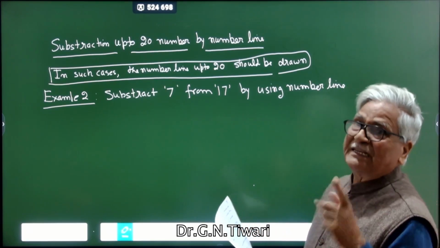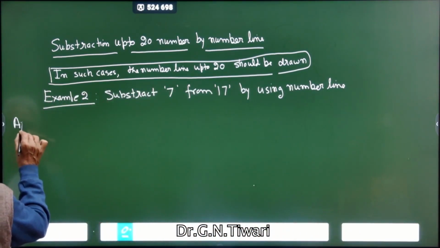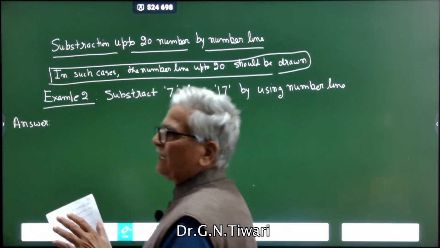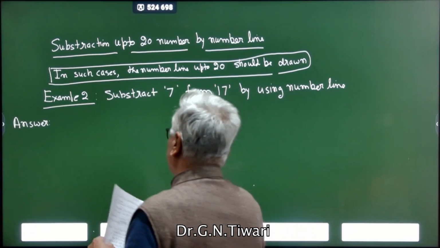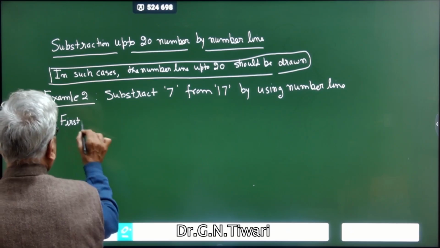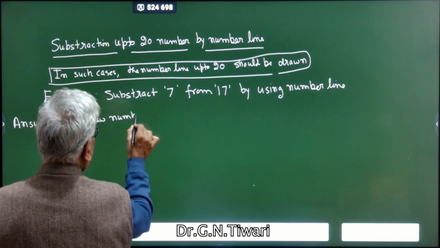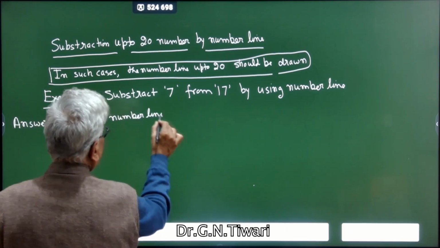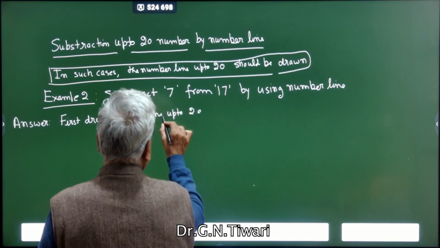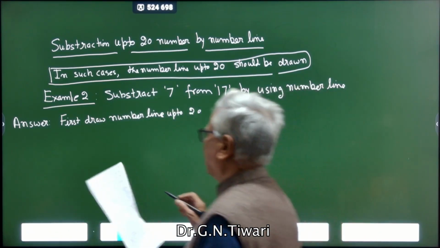The maximum 2-digit number here is 20. First draw the number line up to 20.